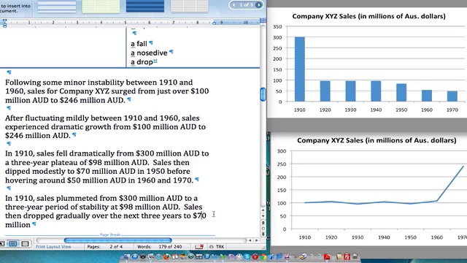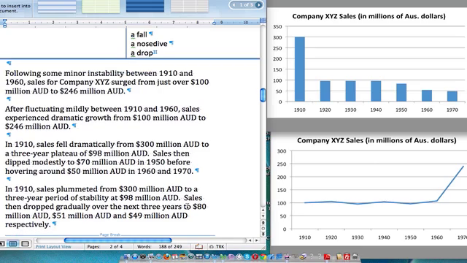Sorry, I just want to get this accurate. 80 million Australian dollars, 51 million Australian dollars, and 49 million Australian dollars, respectively.